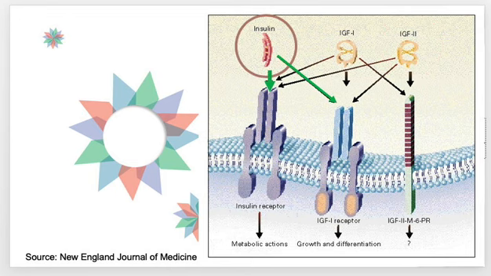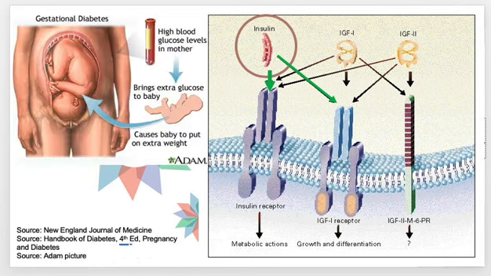Insulin is able to work mainly in the insulin receptor when we encounter carbohydrate or sugar in the bloodstream. However, insulin can also produce an effect in the IGF-1 receptor. This is very important to know because if you have an infant of a diabetic mother, basically what you're saying is that there was insulin that was produced in excess during these pregnancies, mostly because the fetus wanted to meet the high sugar levels that the mother had and that got transferred to the fetus.